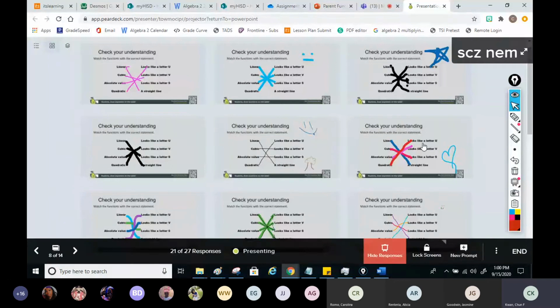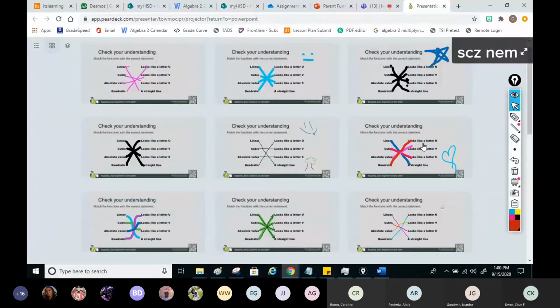All right, let me see. Blue star, you're good. And then blue smiley face with a tree, pay attention at the cubic and the absolute value.